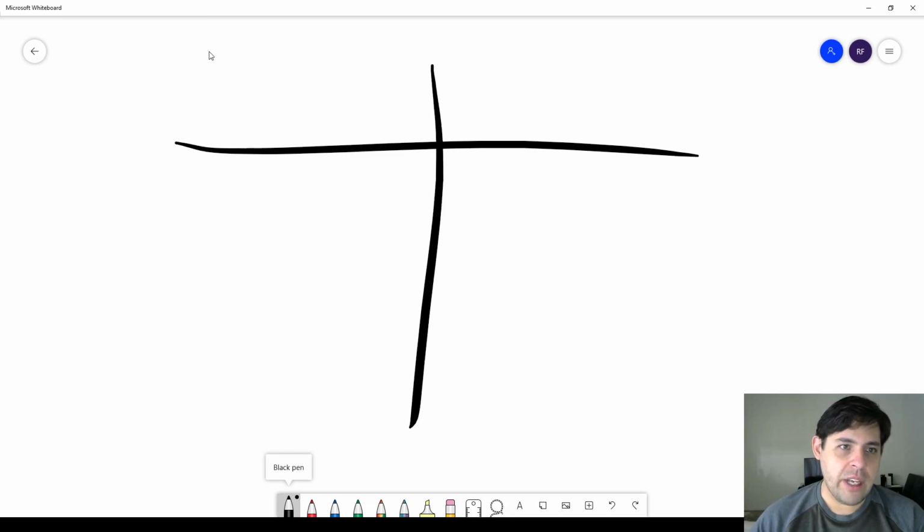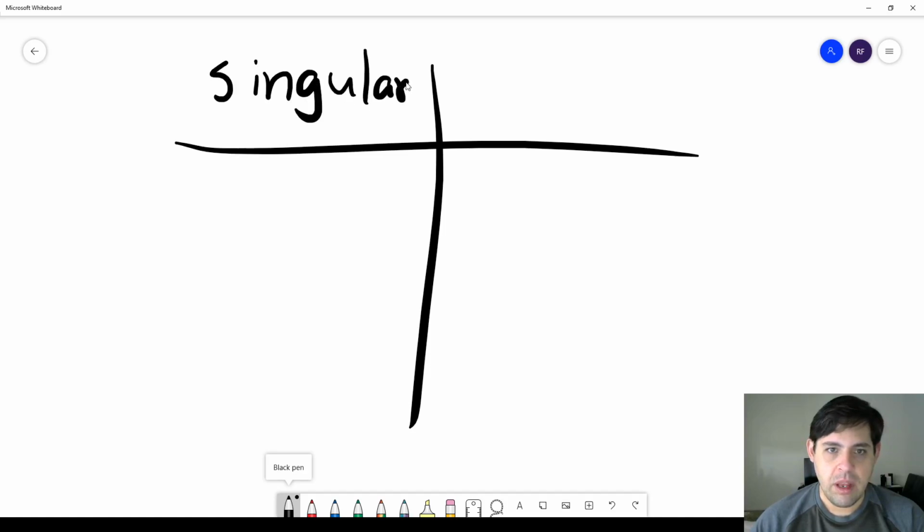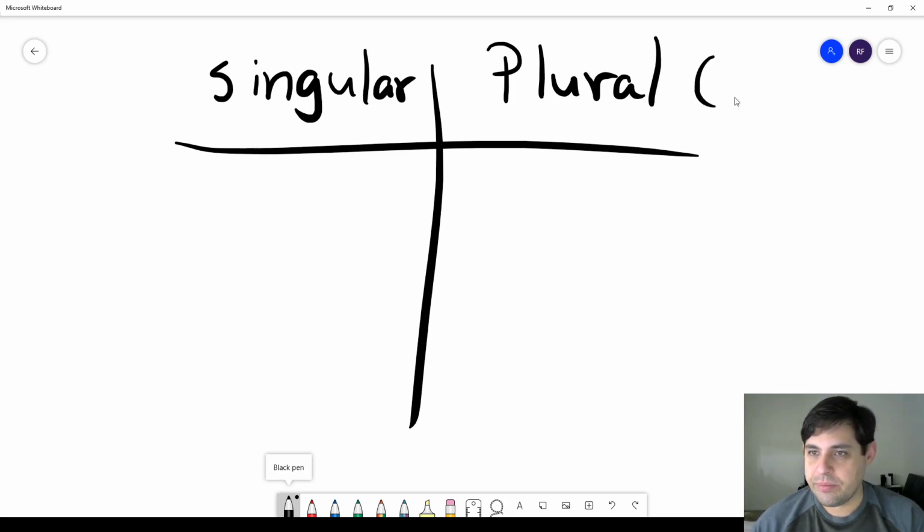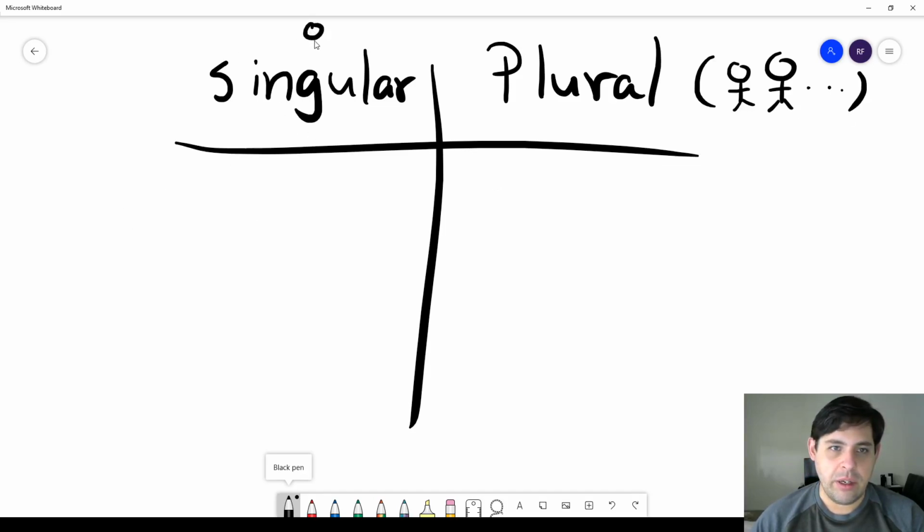So on our left side, we have singular. On the right side, we have plural. Remember, plural means more than one. Could be two, three, four. Singular means just one.